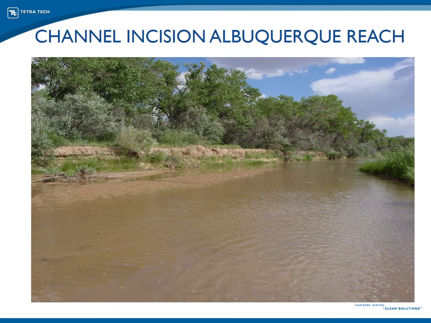Here is the pre-dam floodplain. This is where the cottonwood gallery forests are located. But that bank height is close to 4 to 5 feet. And so the modern river is inset between terraces that are about that elevation.